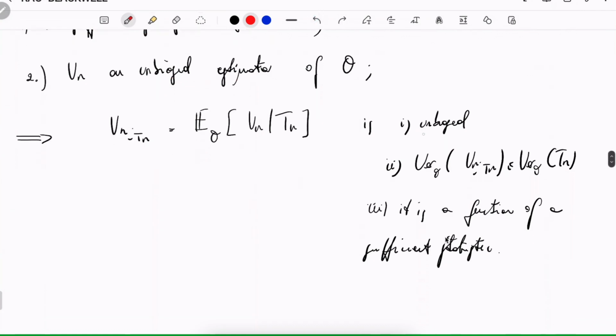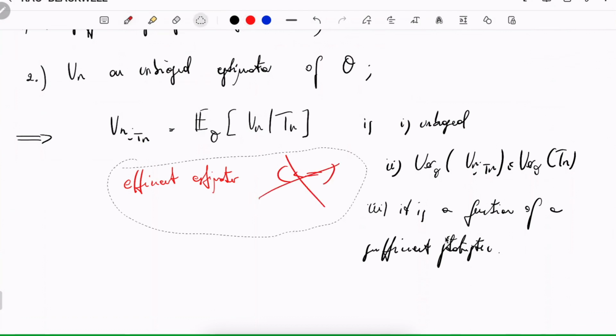Not only that, but we have a better estimator in terms of variance, so in terms of efficiency, but we do not get an efficient estimator. This implication, no, we don't have that. However, we do get a better estimator.